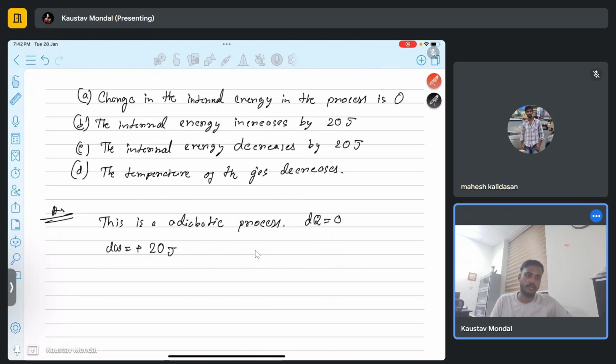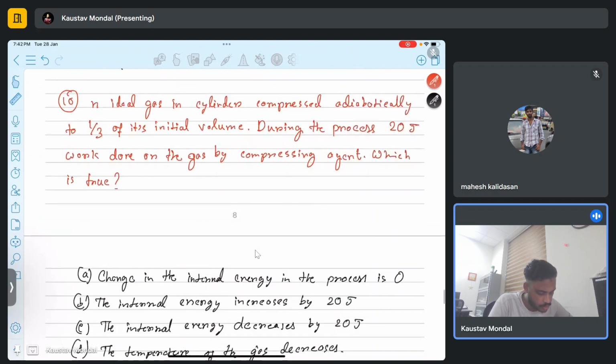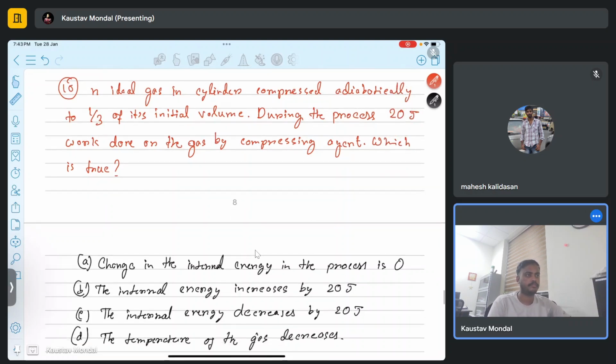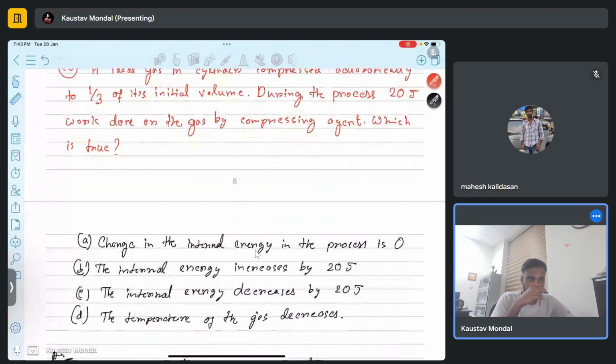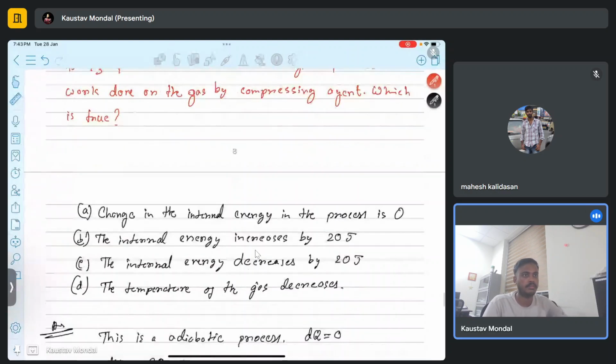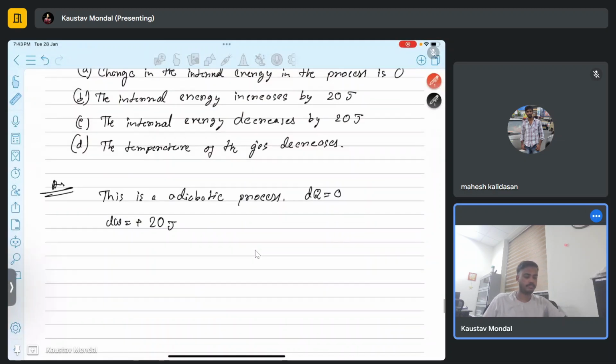Because it's done by the gas or on the gas? Done on the gas, by the agent. So that means the dW is negative.